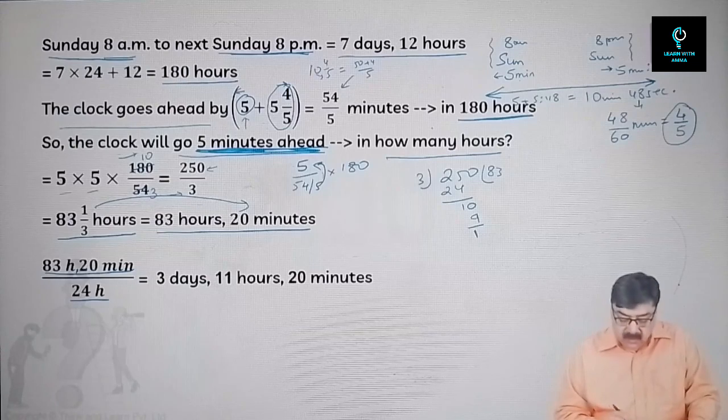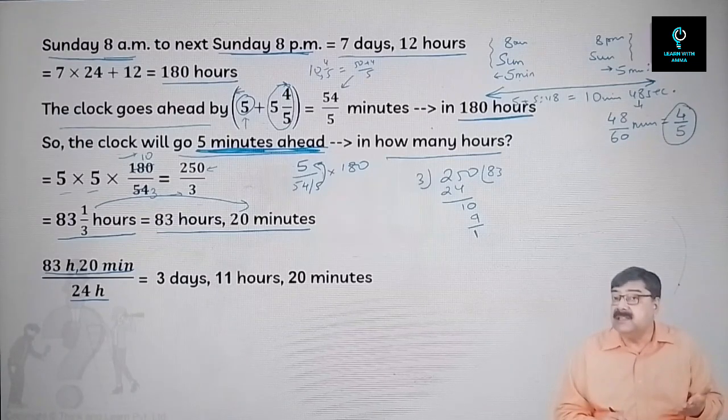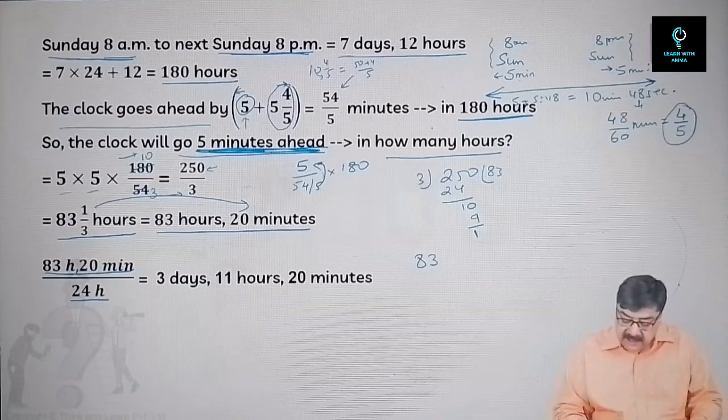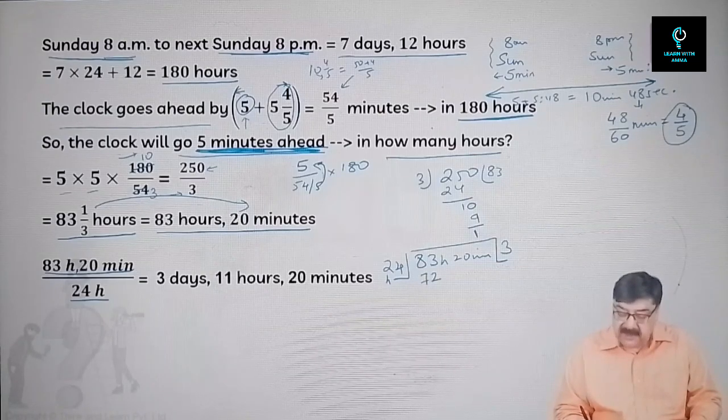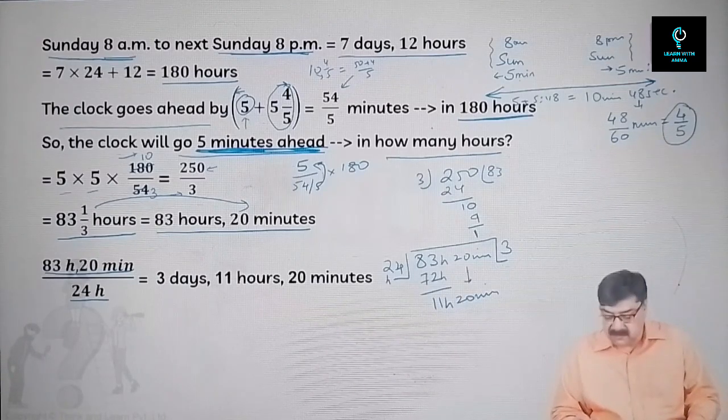Now you know 24 into 3 is 72. So it gives 72 hours, becomes 11 hours and 20 minutes as the remainder. So 3 days and 11 hours and 20 minutes.